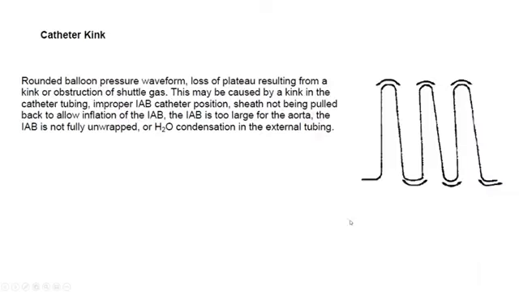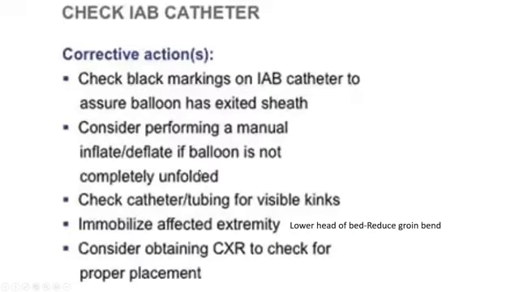So if you have that abnormal waveform, you should seek a kink. And like I explained, it could be a kink in the catheter tubing on the outside, especially at the groin level. Survey the whole catheter on the outside of the body to see if it is kinked at the groin, and get X-rays to see if the catheter has moved and is kinked in the iliac or inside the sheath, or hasn't been out of the sheath.